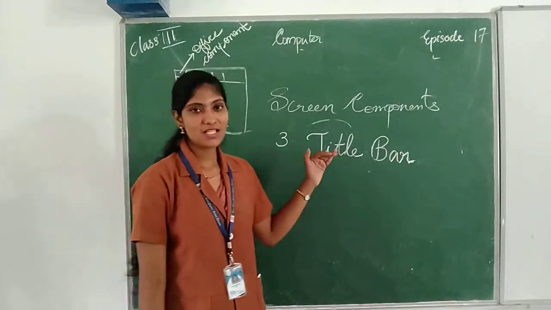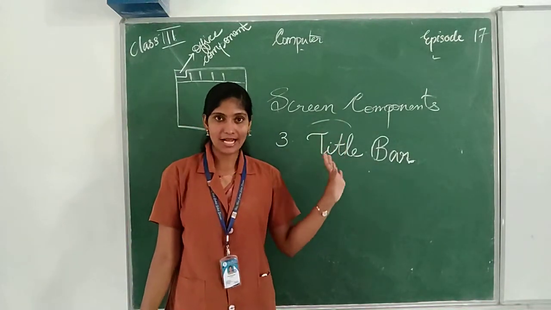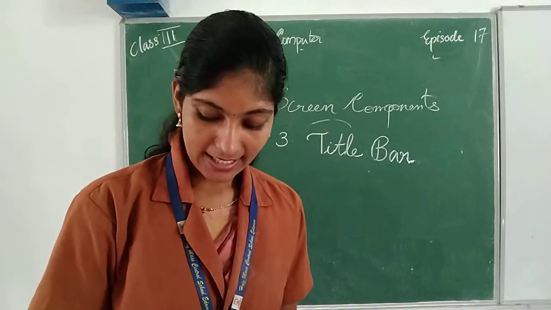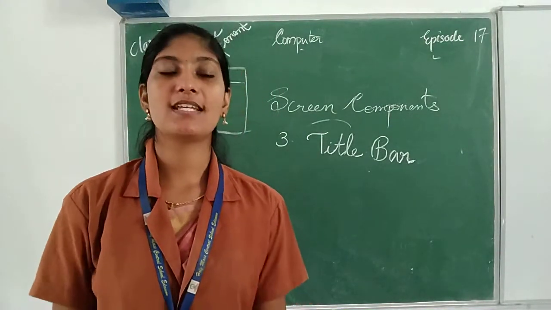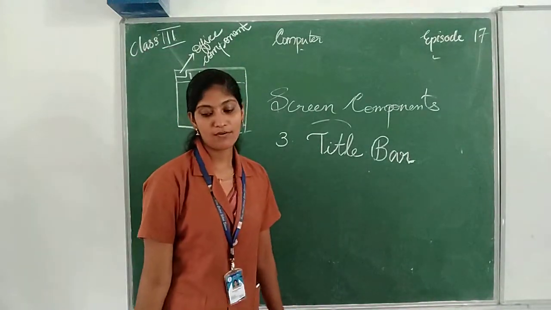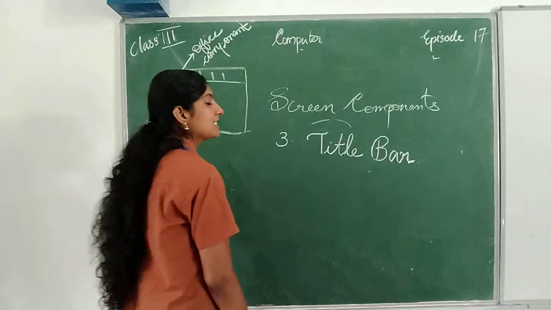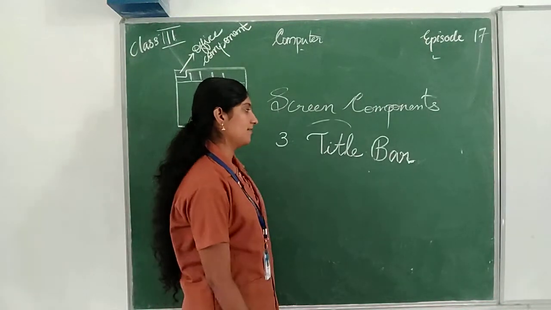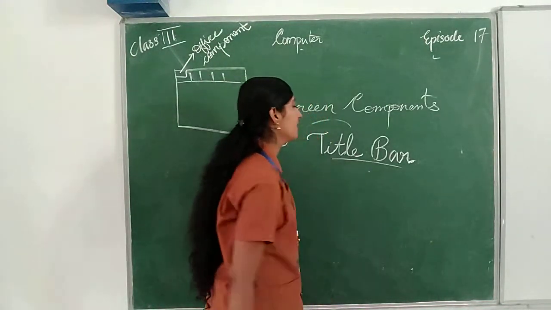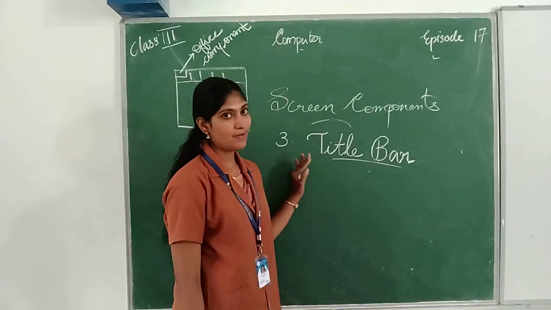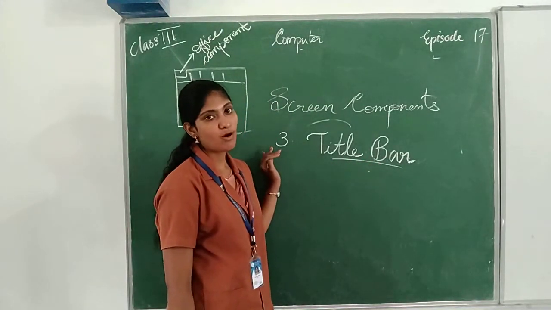Simply, title means we know heading or title. So the title bar indicates the name of the document. The title bar displays the title of the document. So what is the title bar? It displays the name of the document.